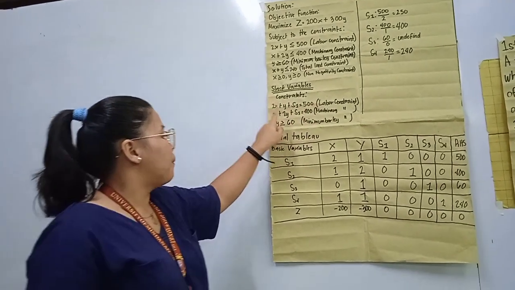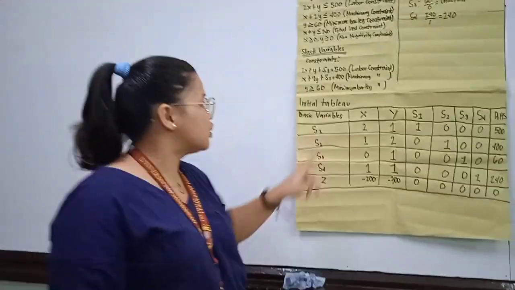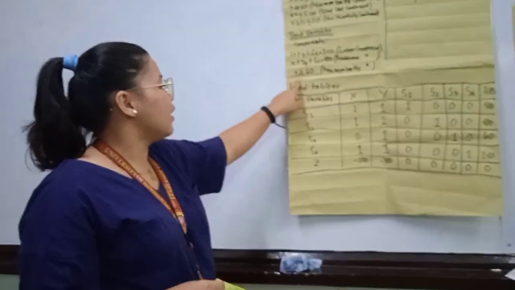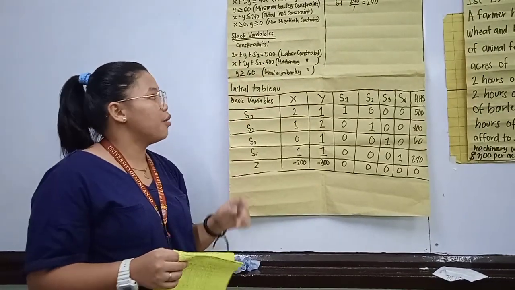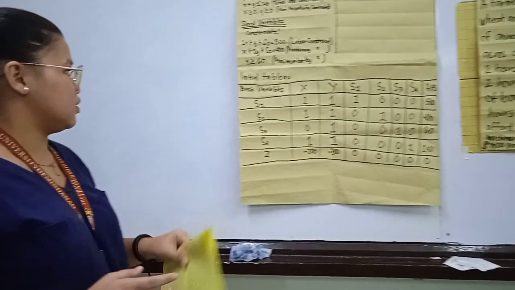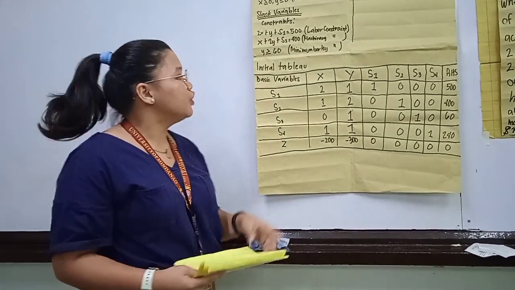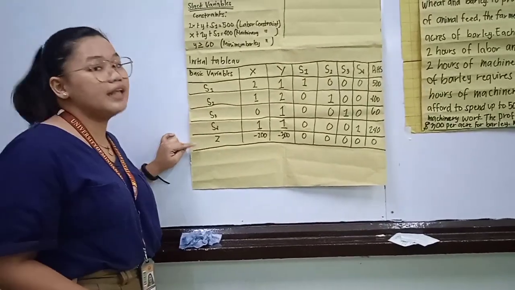X plus 2Y plus S2 equals 400. Y greater than 60 is the minimum barley constraint. Then after that, we're going to do the initial tableau. Basic variables: S1, S2, S3, S4, and Z.